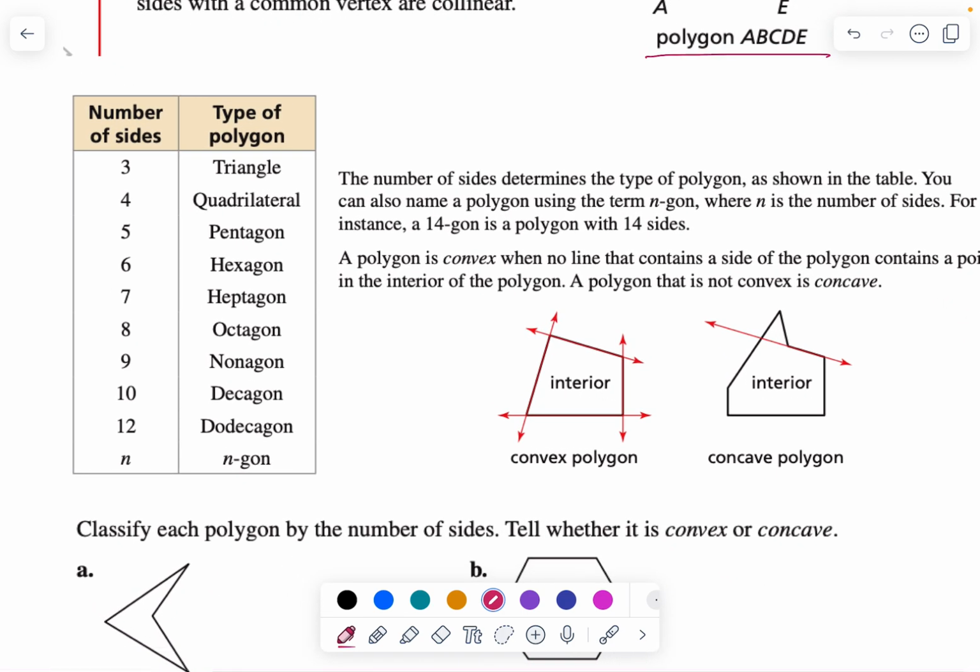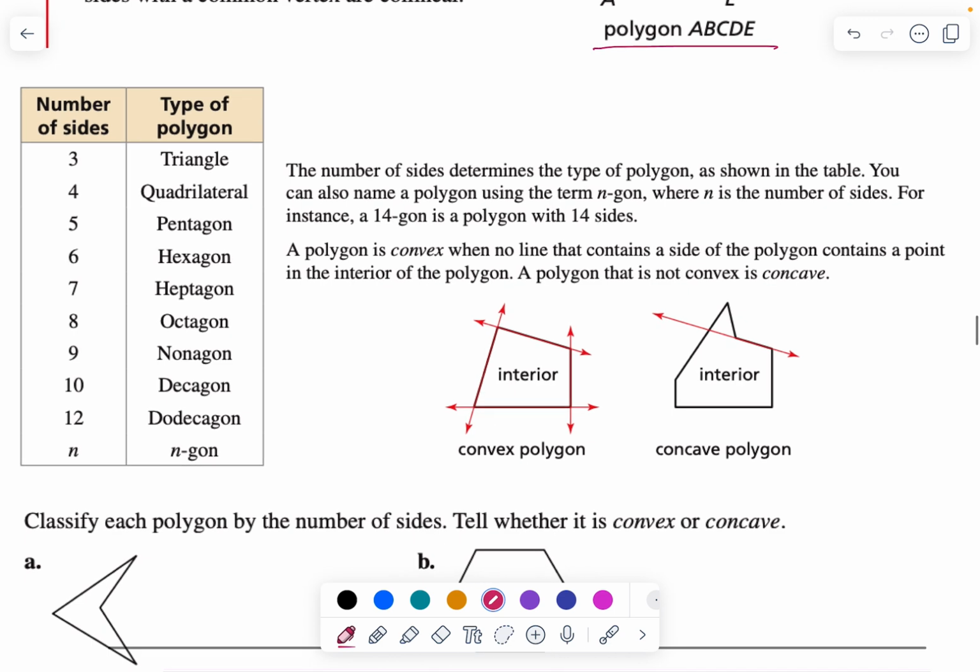Finally, a polygon is convex when no line that contains a side of the polygon contains a point in the interior of the polygon. A polygon that is not convex is concave. What I like to say is, if you can connect any 2 vertices in the polygon and the segment stays inside the polygon, then it is convex.